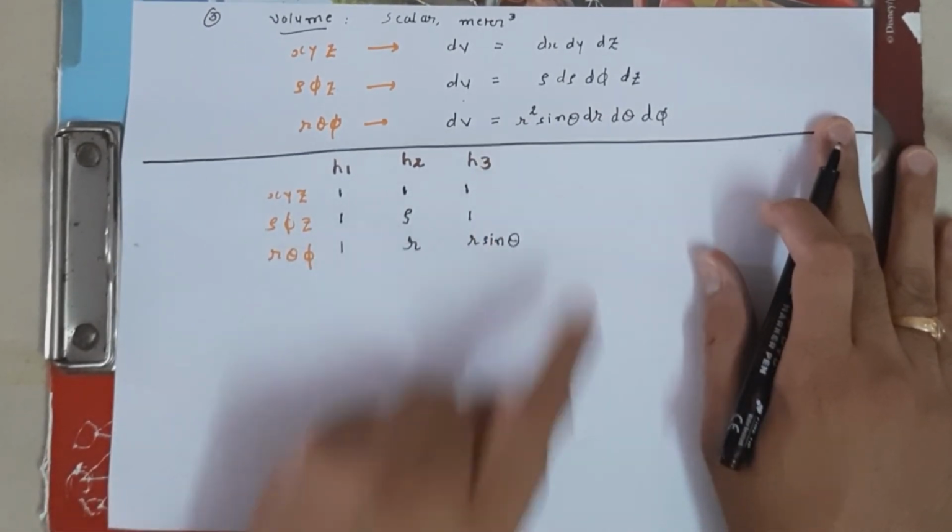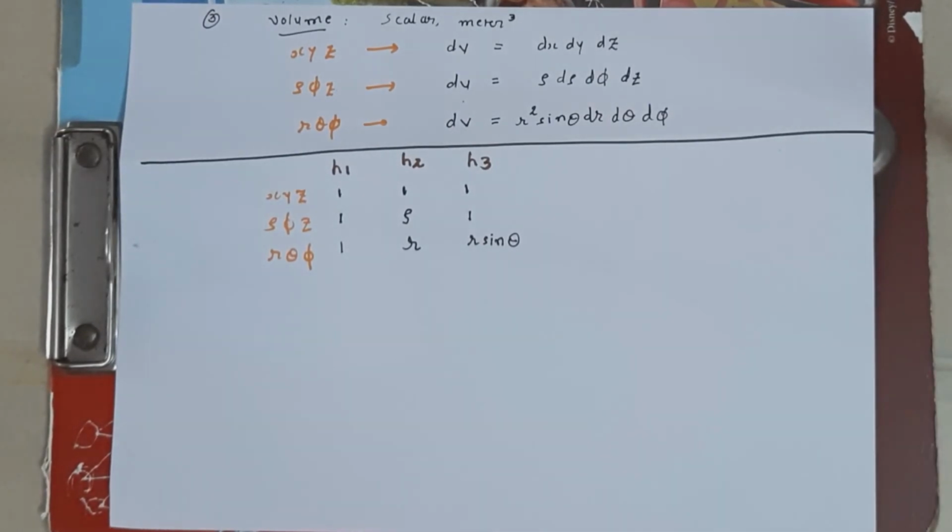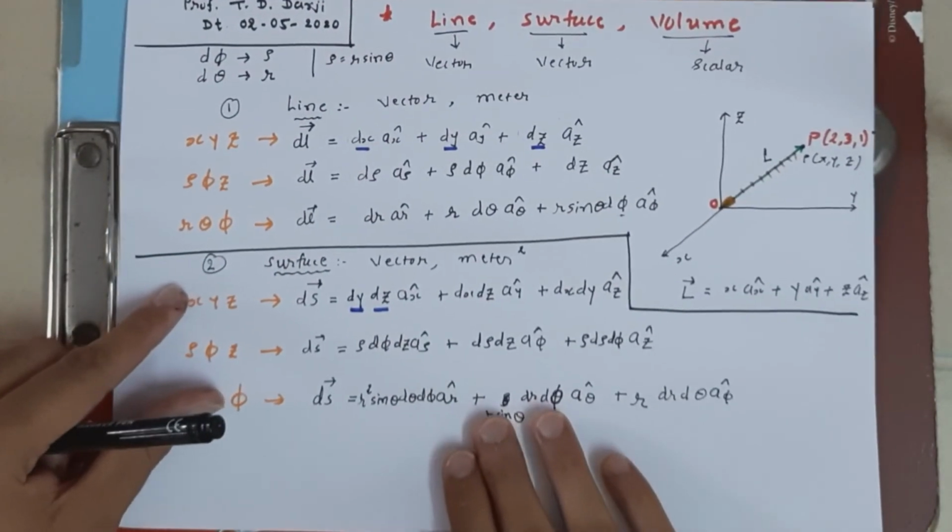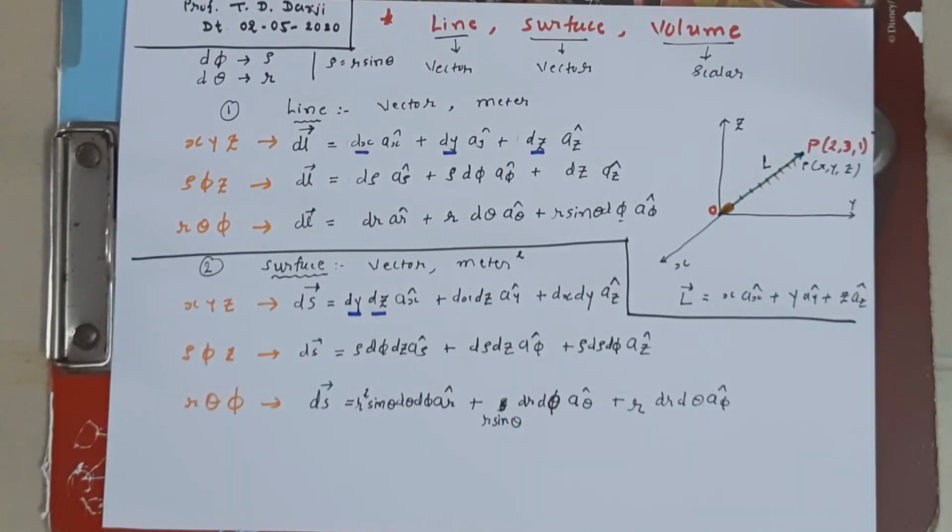So these are the equations for differential line, differential surface and differential volume for all three coordinate systems: Cartesian, cylindrical and spherical.